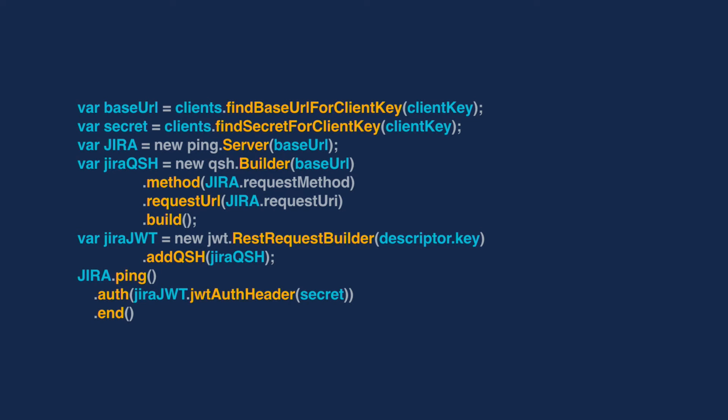I have to build that Jira QSH, so I'm going to need the base URL, the method, and the request URL again. In this case, there are no query parameters to pass, so I build that out. Then I make the JWT by sending the descriptor key and the QSH, and then I go ahead and ping by sending that as part of the auth header.